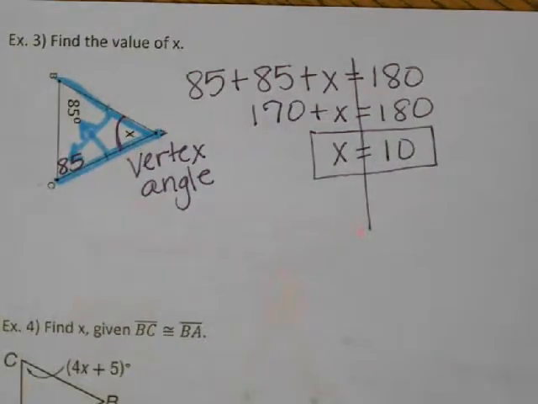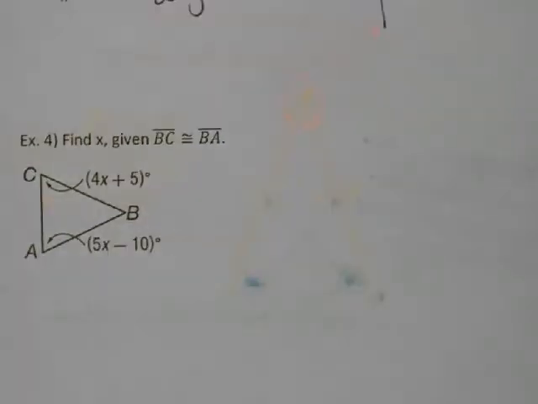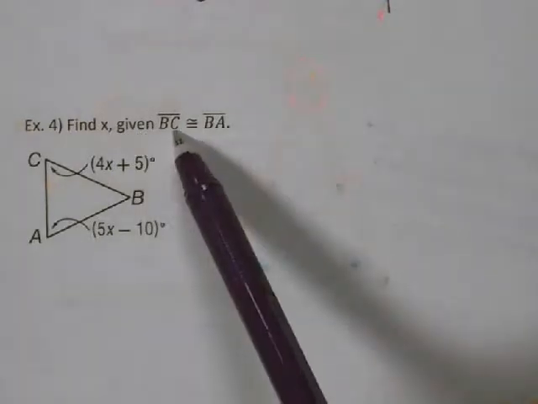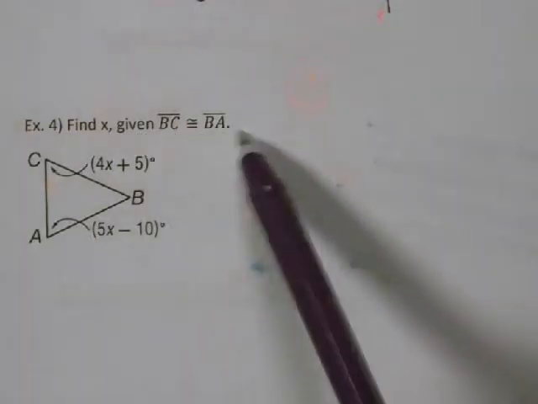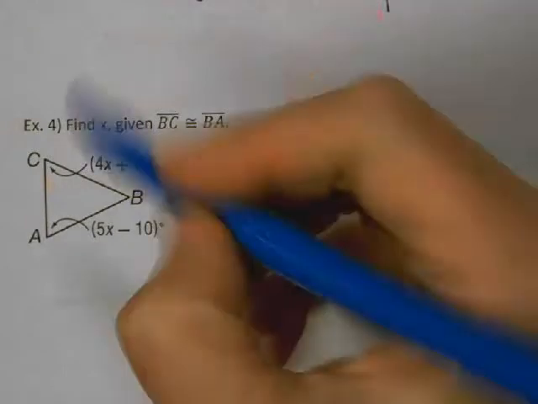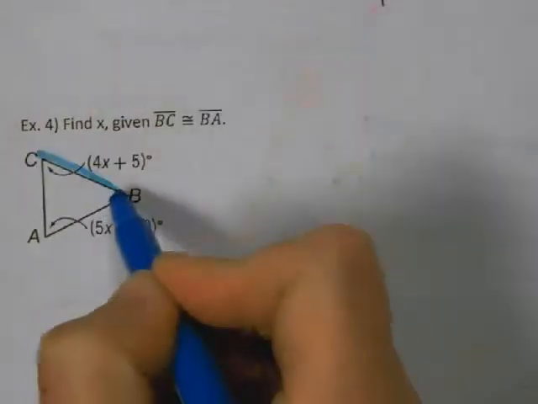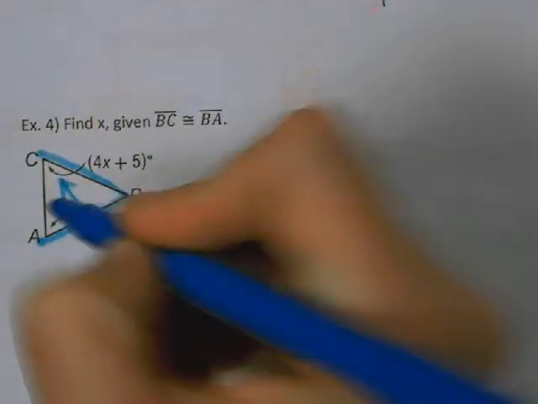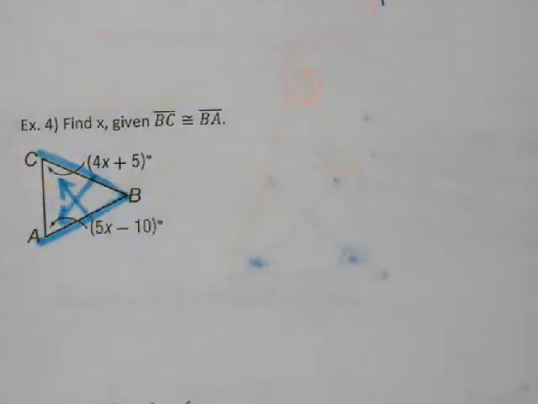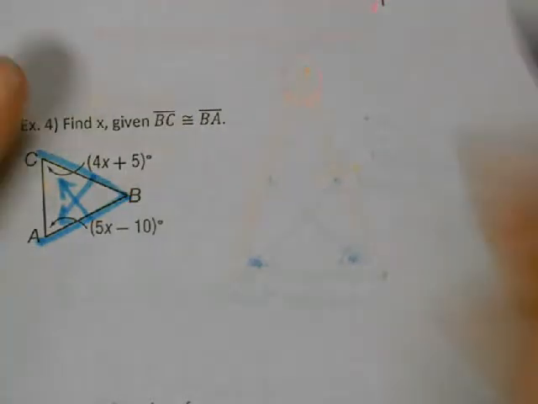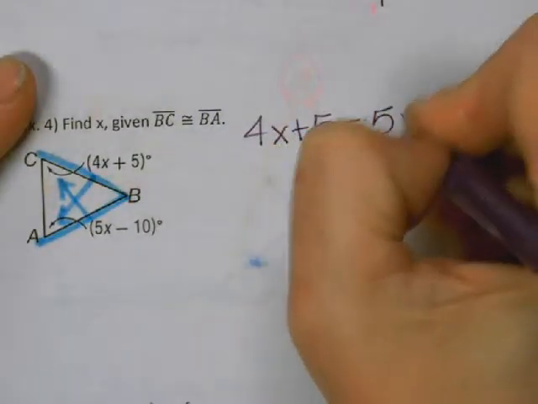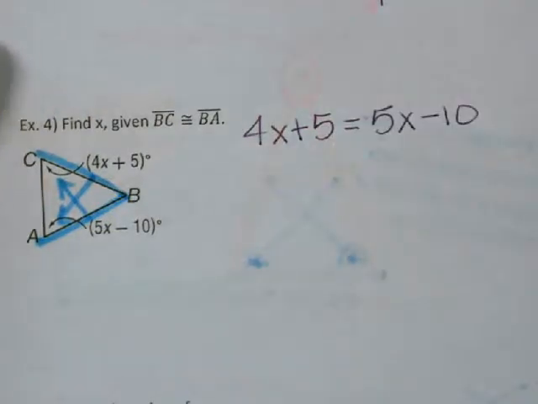Alright, example 4. Same thing. This time it says find x given that side BC is congruent to side BA. So here's side BC, here's side BA. What do we know about these two angles? We know that they are congruent. So we say 4x plus 5 is equal to 5x minus 10.